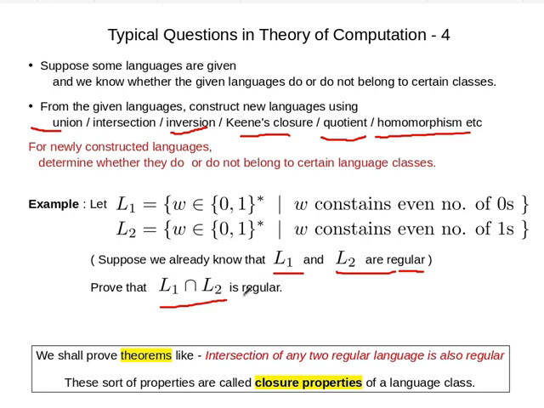So we will again prove several theorems, like intersection of any two regular languages is also regular, union of any two regular languages is also regular, inverse of a regular language is regular. So we say that this class of regular languages is closed under intersection, union and inversion operations.